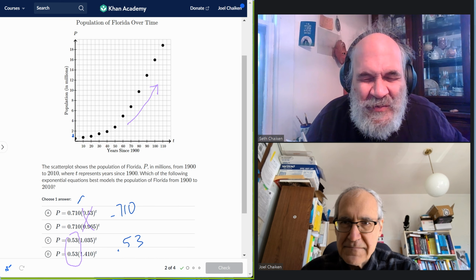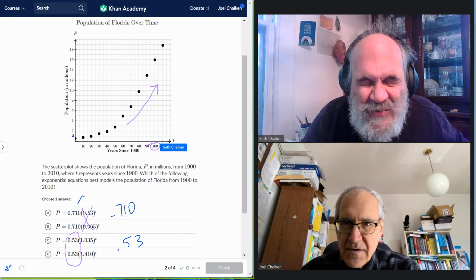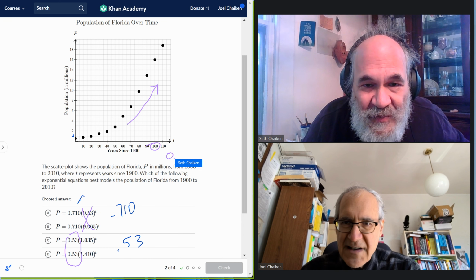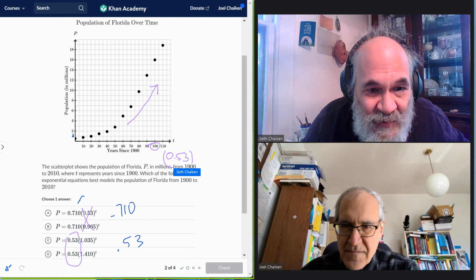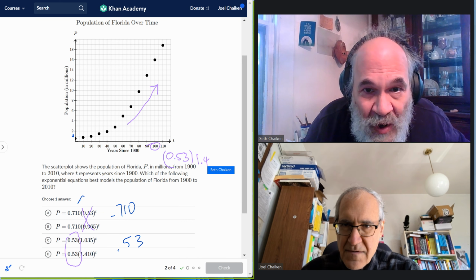So that leads me to just solve the problem by picking one of the values and plugging it into the calculator. 5.3 times, pick one of them, I would guess 1.41.